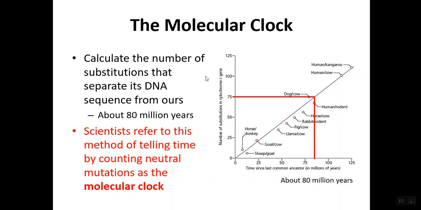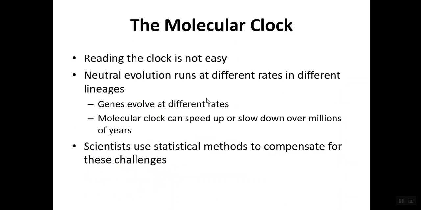There could be periods of time where the rate of mutation is faster or slower. So, of course, there's a lot of error in these things. But again, they're still very powerful tools to infer, in a certain range of time, the timing of a split of groups.